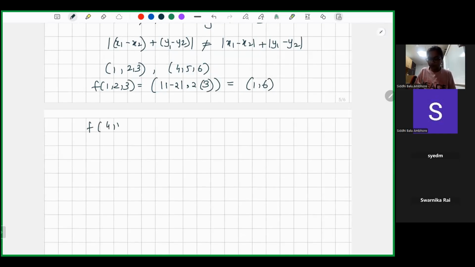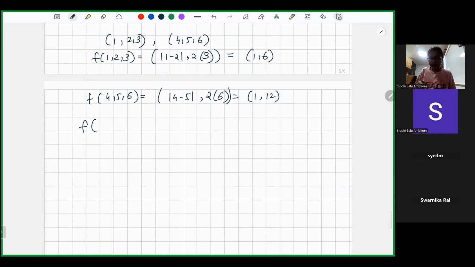And f of 4, 5, 6 is mod of 4 minus 5, comma 2 into 6, that is 1, comma 12. When we take the addition, it will be f of 5, 7, 9, which is mod of 5 minus 7, comma 2 into 9. Okay, it is holding in this case.